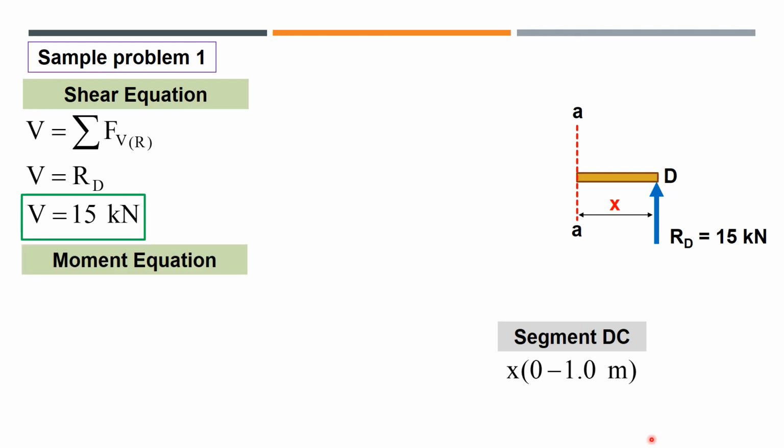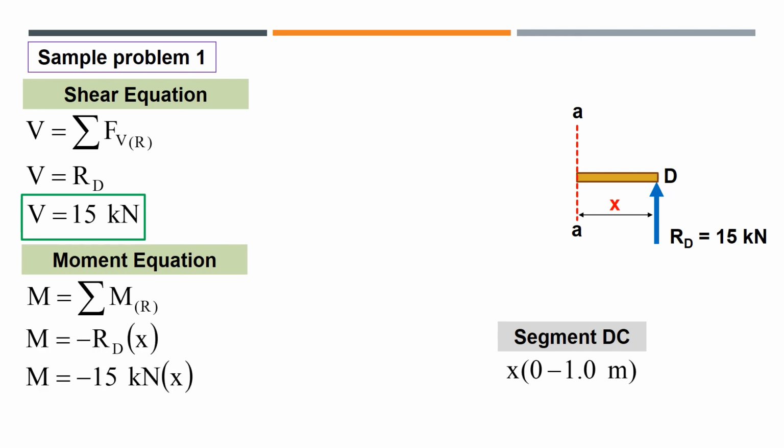For moment equation, RD will create moment about this point of the beam with moment arm of X, and this will rotate in counterclockwise direction. So that's negative. So it will be negative RD times X, or negative 15 multiplied by X, or simplifying this, we have negative 15X.